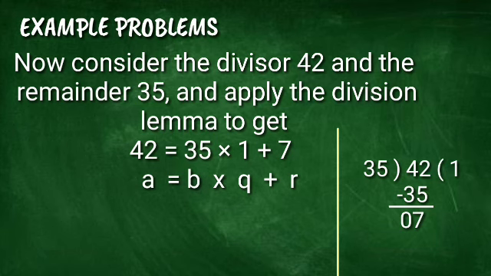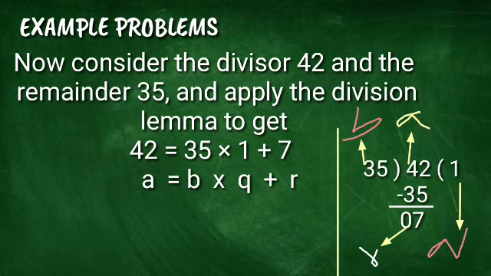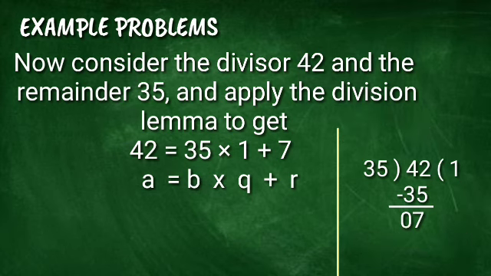Divide 42 by 35, then the remainder will be 7. Then again apply Euclid's division lemma, and we get 42 is equal to 35 into 1 plus 7. Here A is 42, B is 35, Q is 1, and R is 7. Again we need to continue the process because the remainder is 7, up to the point where the remainder becomes 0.